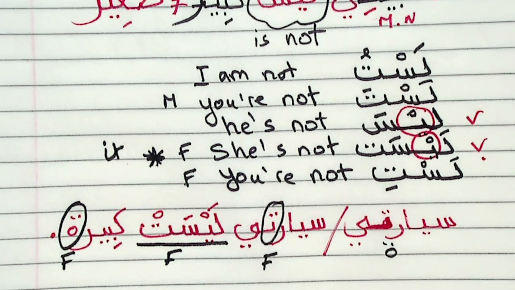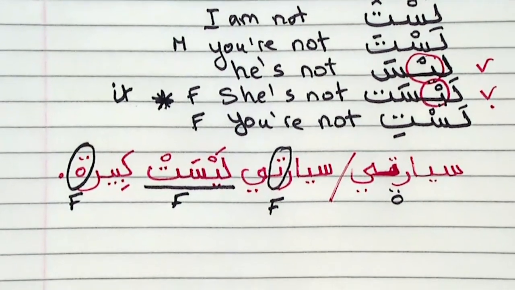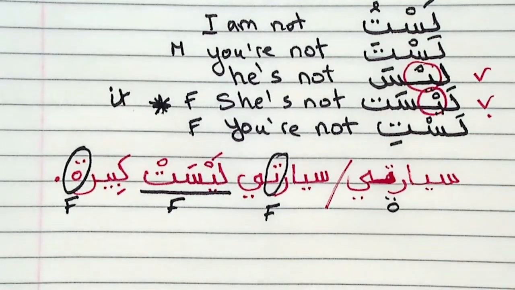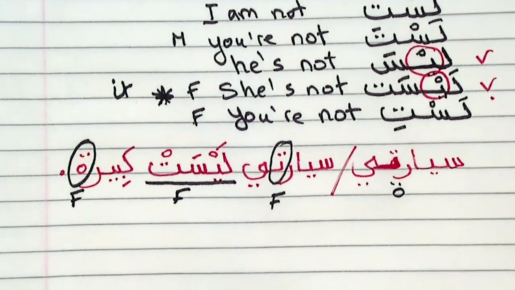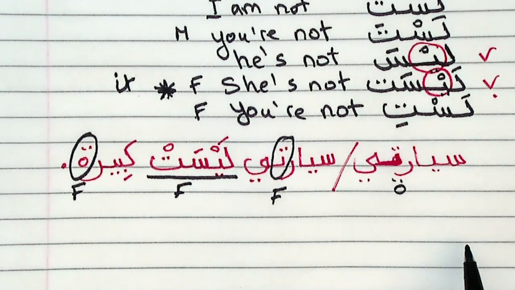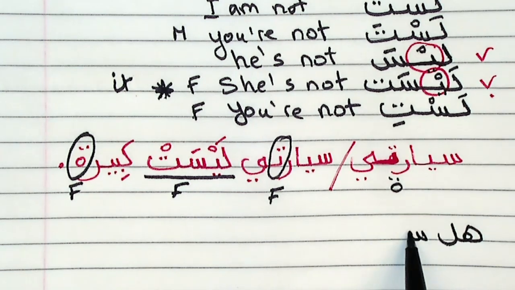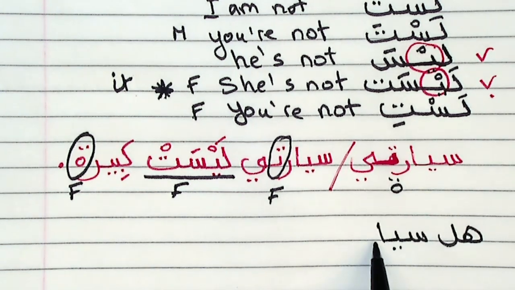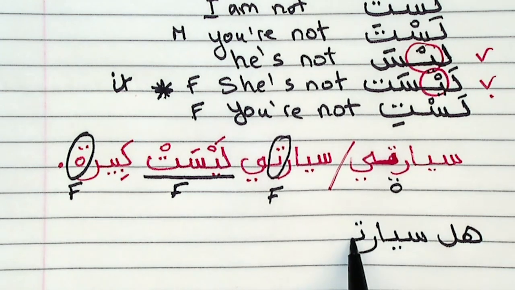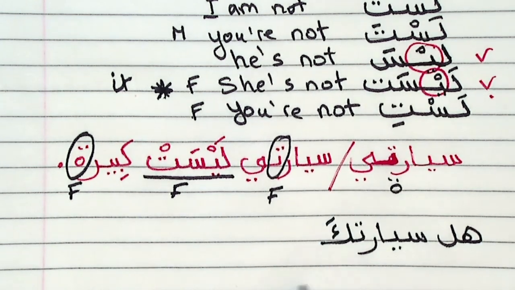Word agreement. If I'm going to say a question using this sayyara, and I want to say, is your car small, for example, let's write it. Is your car small would be هل سيارتك, or سيارتكِ, depending who you're talking to. But listen to me saying sayyara.